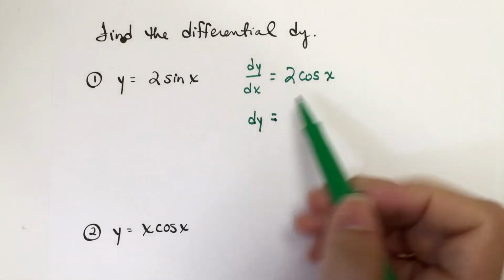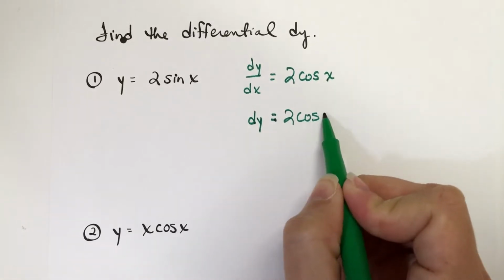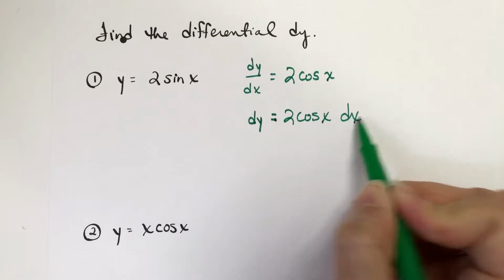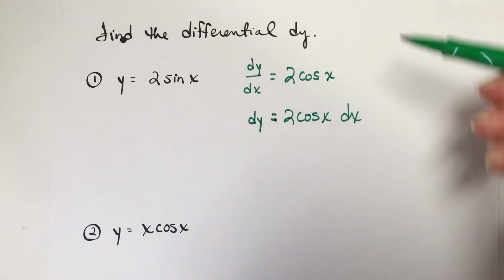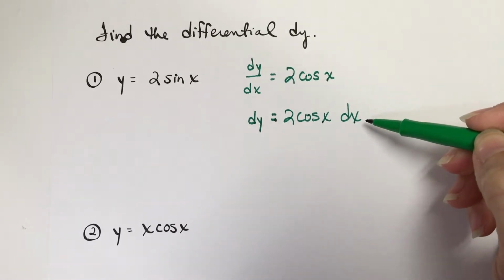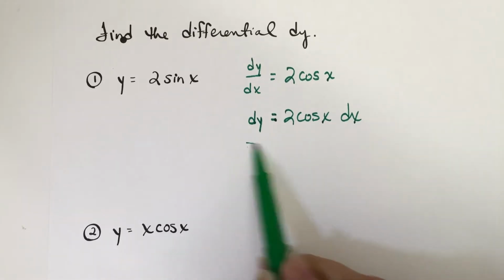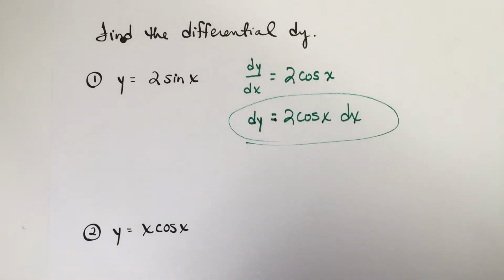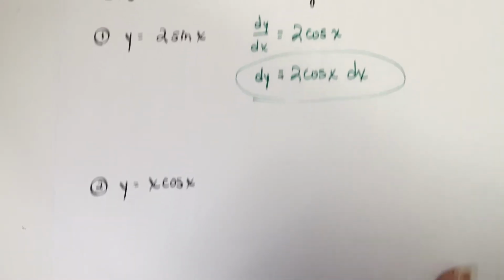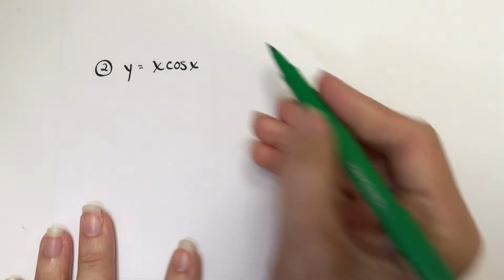So in this case, we know our derivative is 2 cosine x dx. So this is just your derivative equation. This is your differential equation. So when they say find the differential dy, that's all they're wanting right there. Okay, so don't make this into anything that's difficult, because it's not.